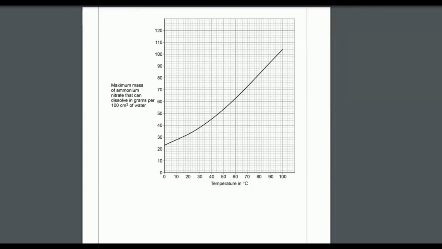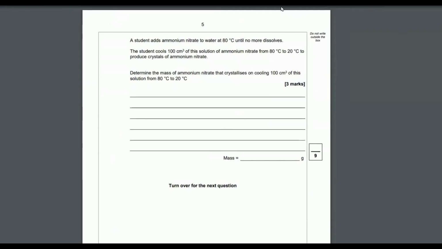Let's see what they want us to do. A student adds ammonium nitrate to water at 80 degrees until no more dissolves. The student then cools 100 cm³ of this solution of ammonium nitrate from 80 to 20 to produce crystals of ammonium nitrate. Determine the mass of the ammonium nitrate that crystallizes on cooling 100 cm³ of this from 80 to 20.